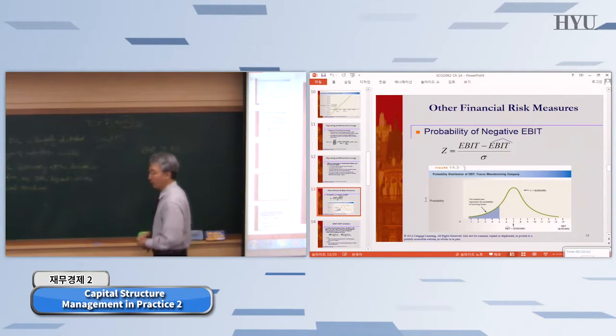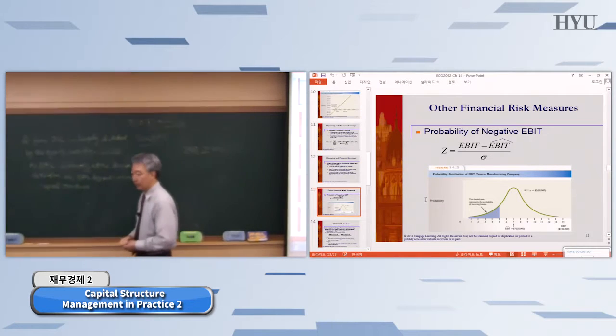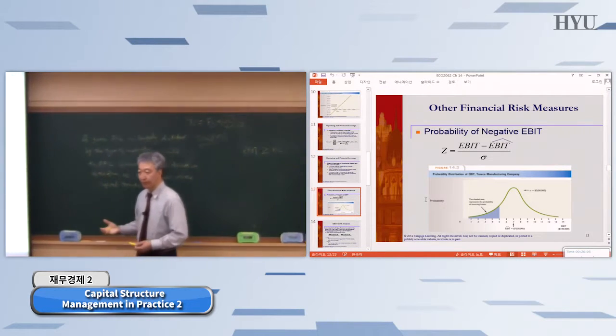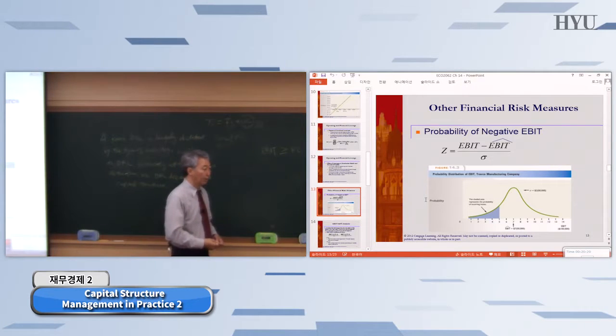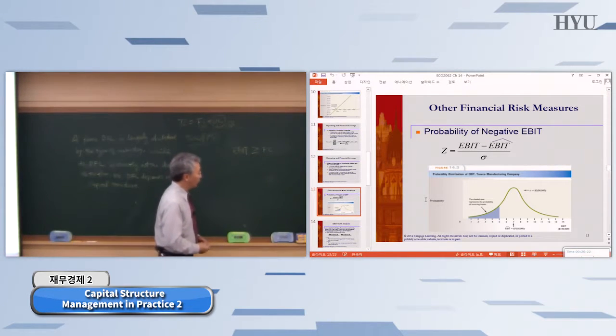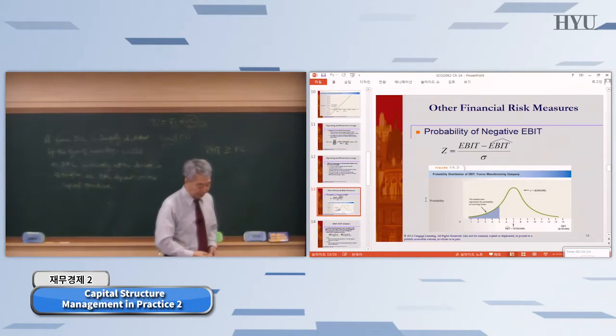If EBIT is less than your fixed cost, then what happens? Yes, you will generate a loss, and your EPS will turn negative. So that's what we are worried about, and that's what we're trying to find out.